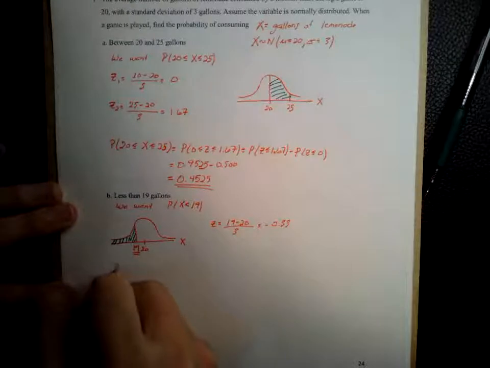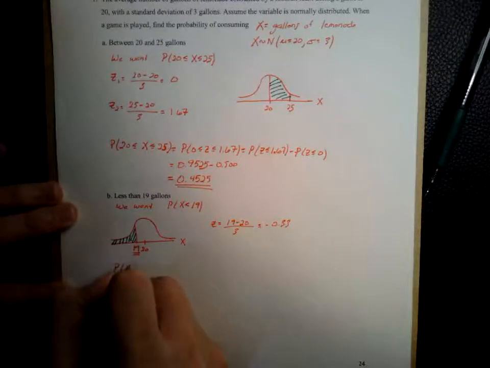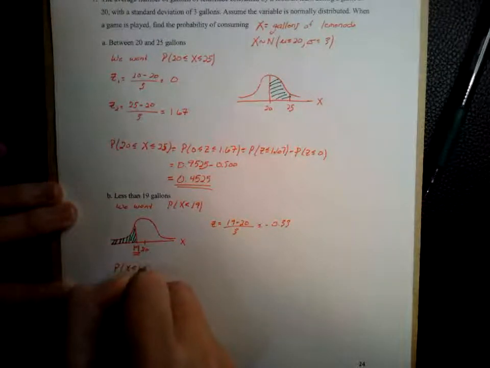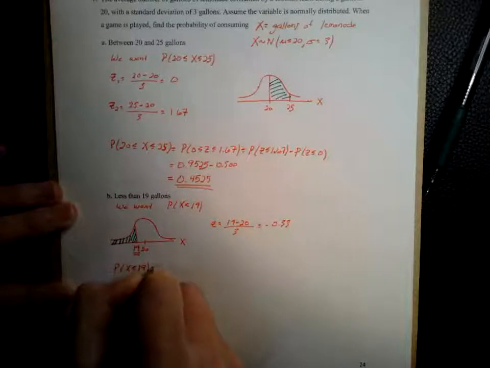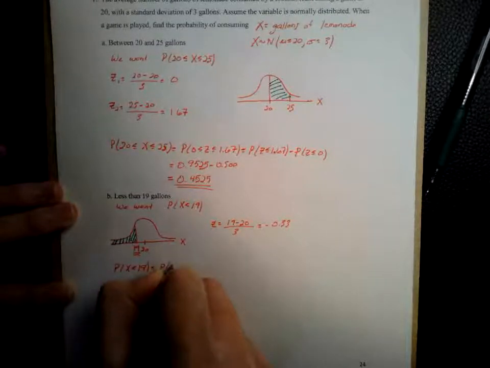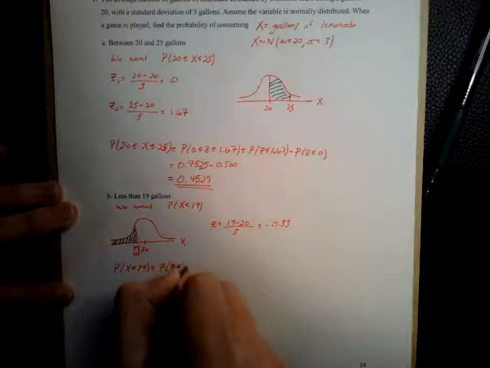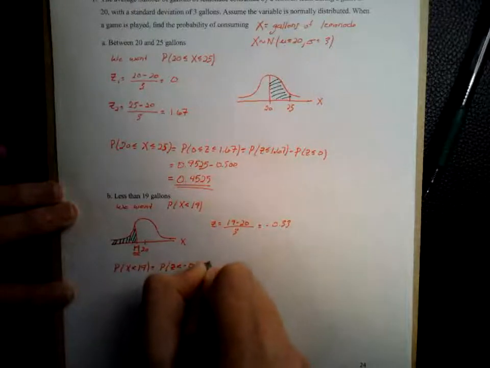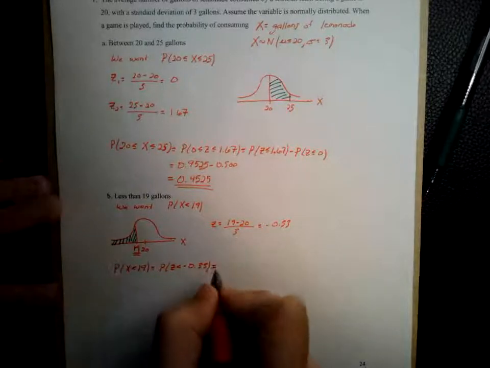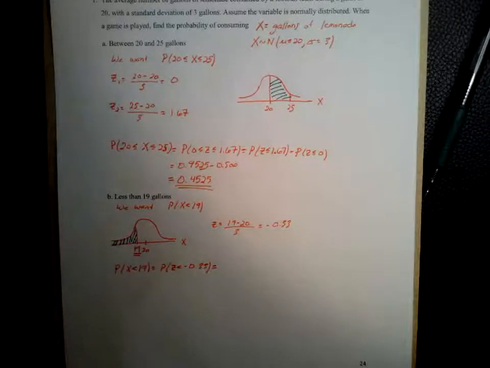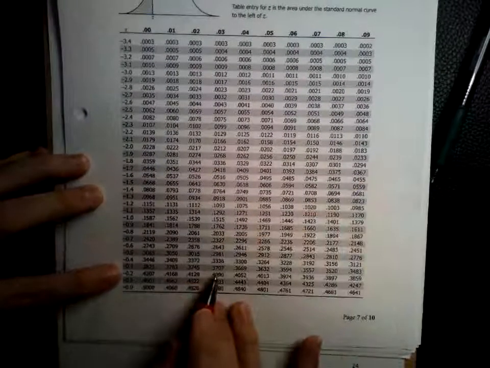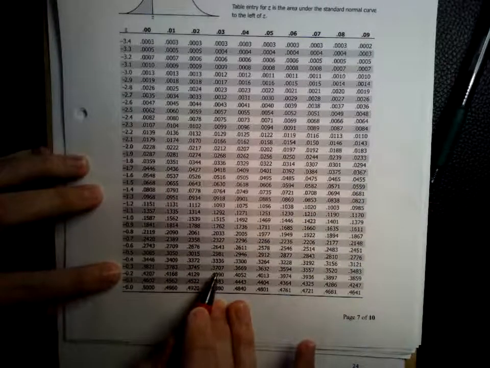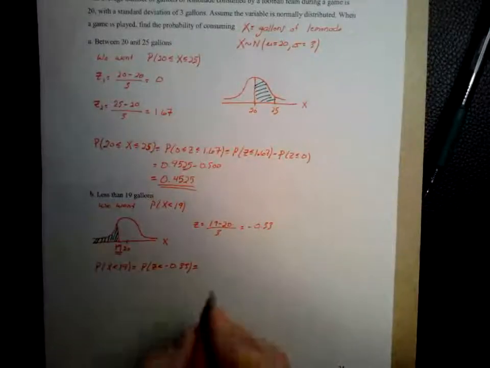Then that implies the probability of X being less than 19 is the same as the probability of Z being less than negative 0.33. And we can find this value in the table. Negative 0.33 is right here, 0.3707.